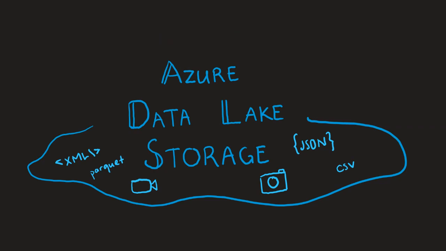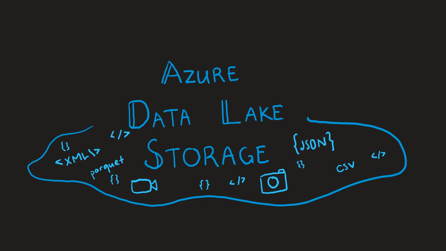It does not really care what the file format is. And that is the challenge with Azure Data Lake Storage, because it can get really crowded in there and a bit messy and jumbled up. So we need some strategies for how we start using Azure Data Lake Storage and how we make the most use out of it.